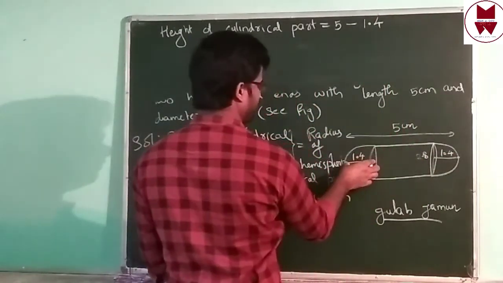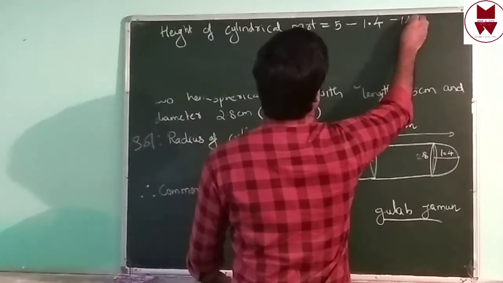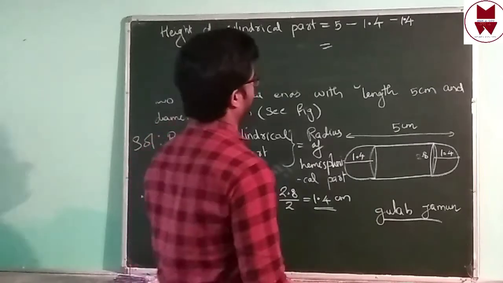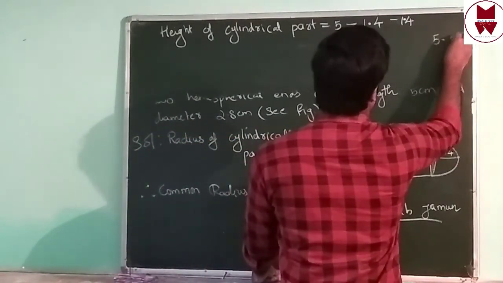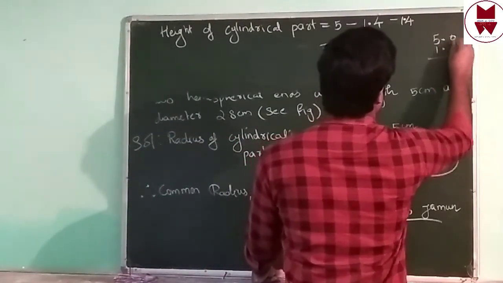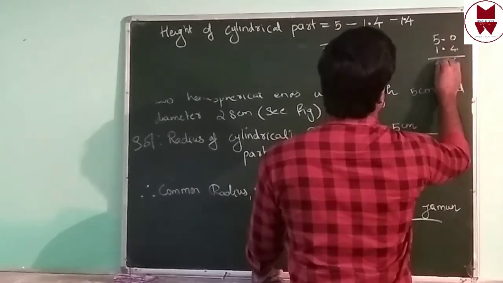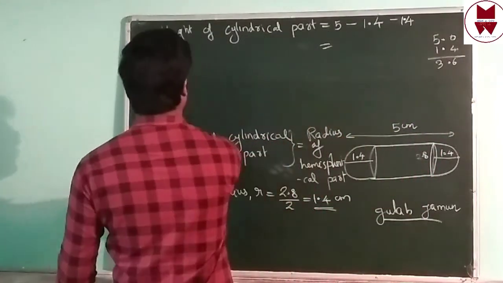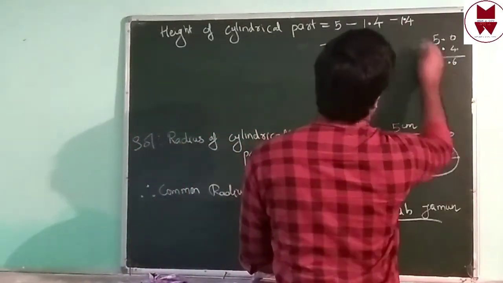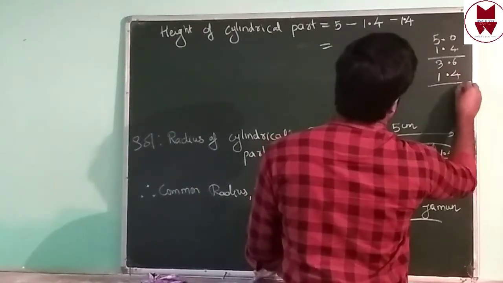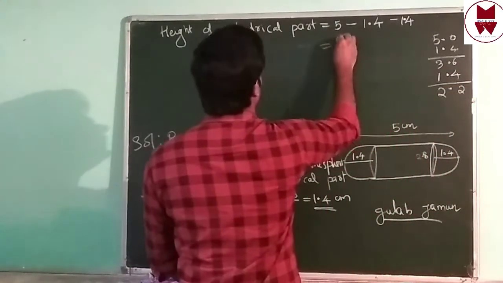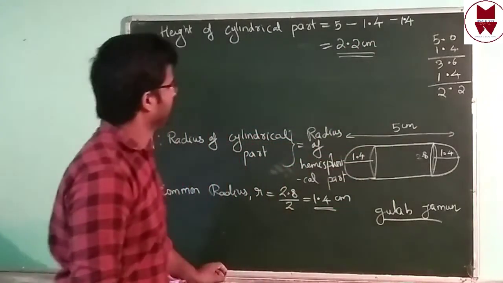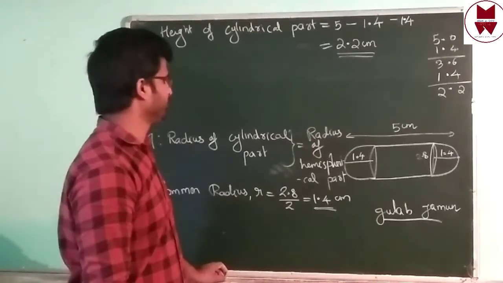Then this opposite side also 1.4, that we will also subtract. What will you get? 5.0 minus 1.4 gives 3.6. Then from 3.6 again one more 1.4 subtracted, you will get 2.2 centimeter. That is the height of our cylindrical part.